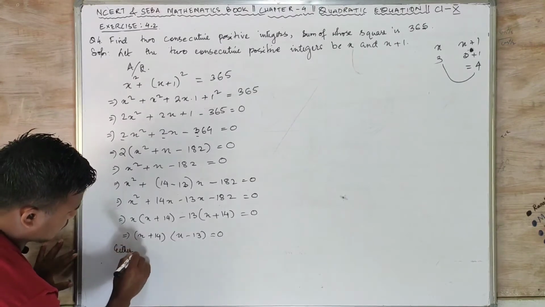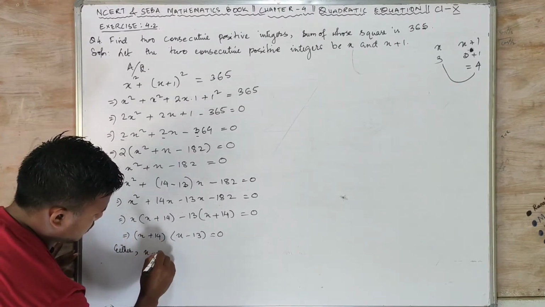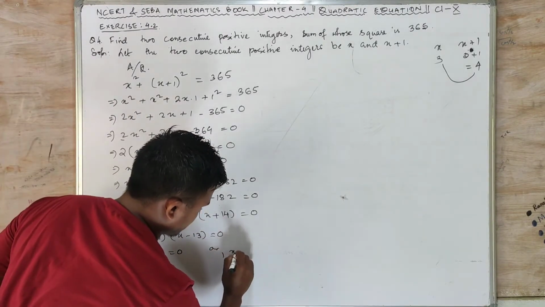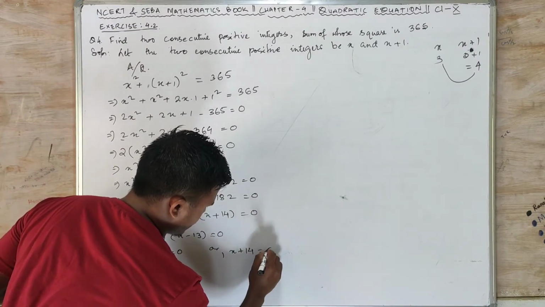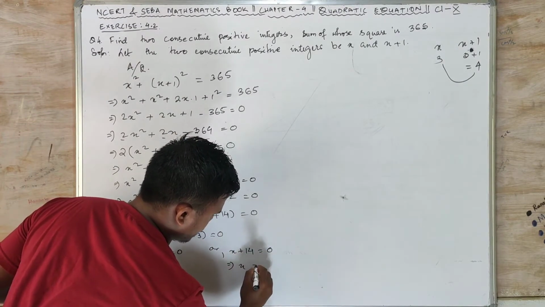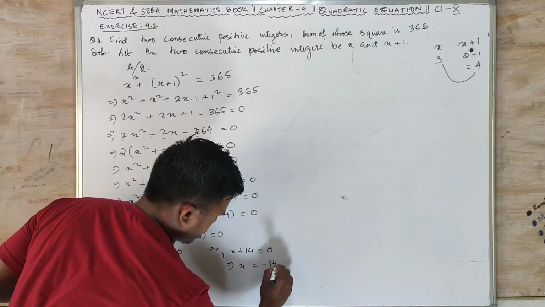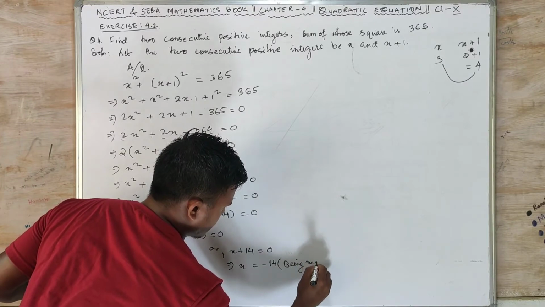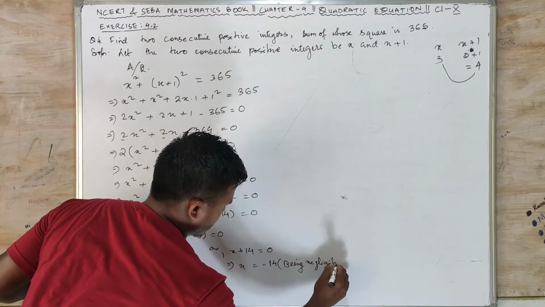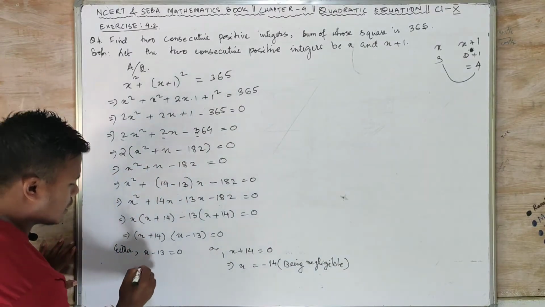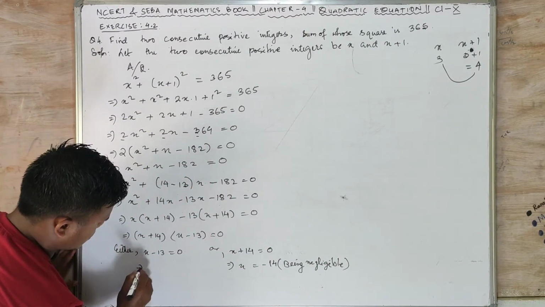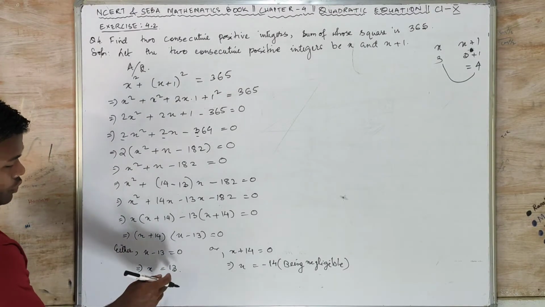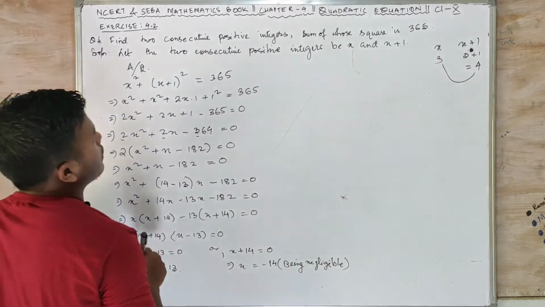Either you can take x minus 13 equal to 0, or another one, x plus 14 is equal to 0. x is equal to minus 14. This one you can write off as negligible. So you can take this one, because the x value will become positive 13, that is plus 13. So you have got here, the x value is 13.